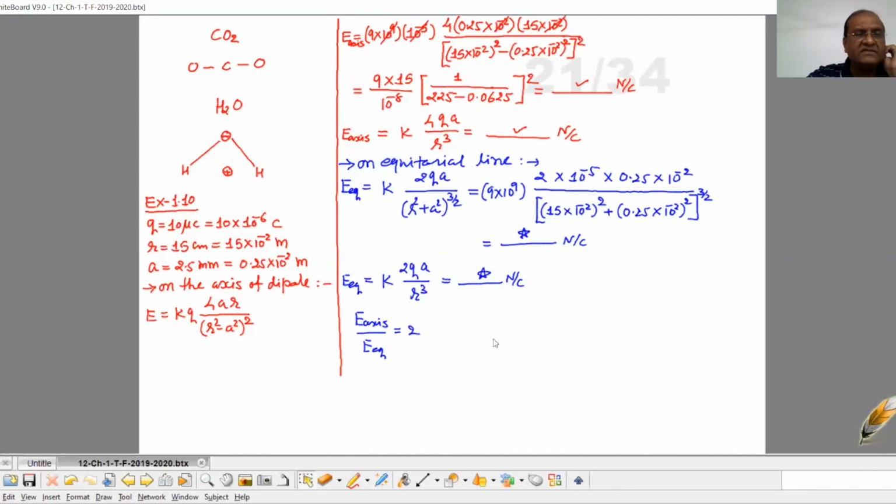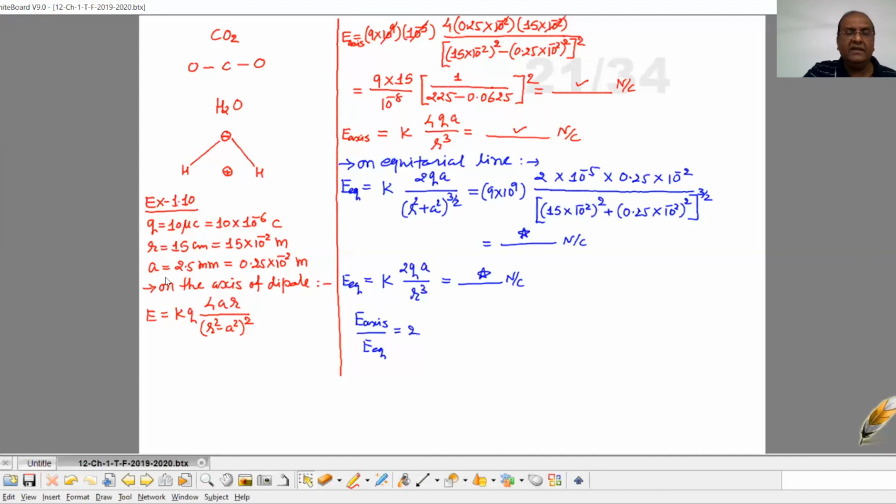Suppose first we think about the given data. The magnitude of the charge is 10 microcoulomb, so that is 10 into 10 raised to minus 6 coulomb. Now r is 15 centimeter, so 15 into 10 raised to minus 2 meter.